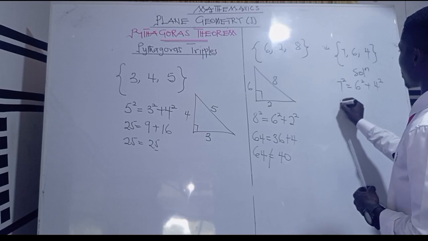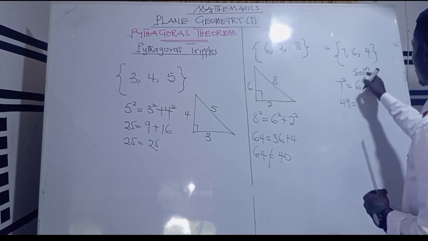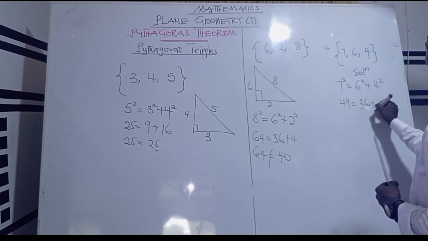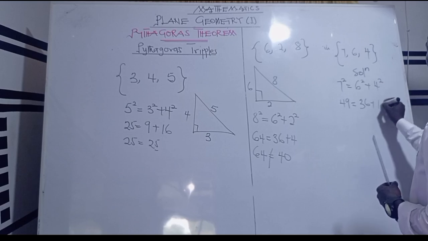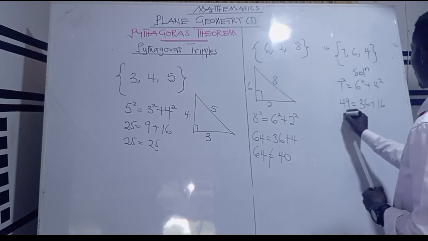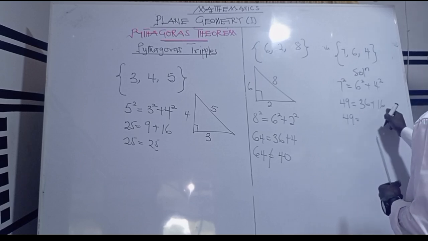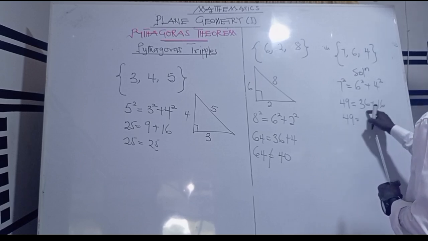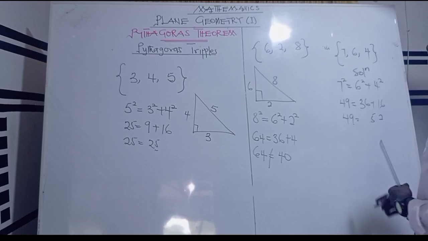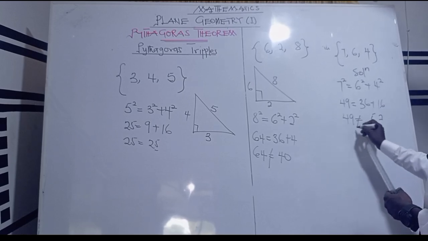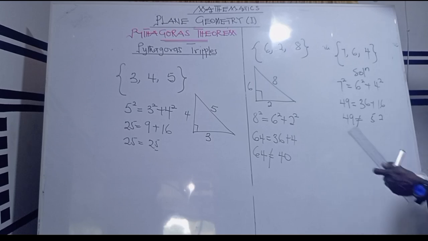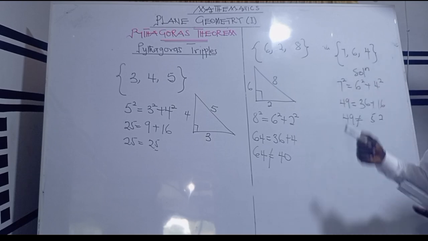So 7 squared will give us 49, 6 squared will give us 36, 4 squared will give us 16. So this and that will give us 52. And we know that 49 is not equal to 52. So this set of numbers do not obey the Pythagoras theorem. So they are not Pythagoras triples. Is that clear? Good.